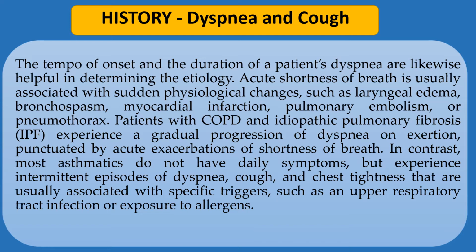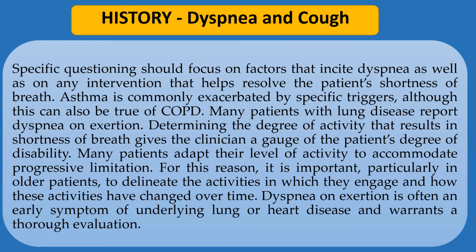Patients with COPD and idiopathic pulmonary fibrosis experience a gradual progression of dyspnea on exertion, punctuated by acute exacerbations of shortness of breath. In contrast, most asthmatics do not have daily symptoms but experience intermittent episodes of dyspnea, cough, and chest tightness that are usually associated with specific triggers, such as an upper respiratory tract infection or exposure to allergens.